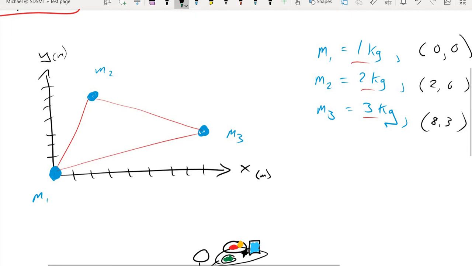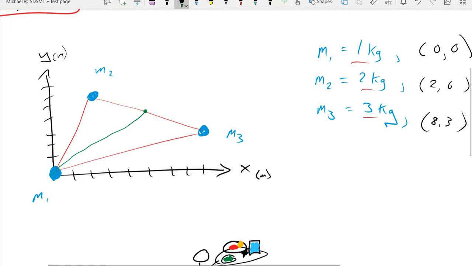Let's take mass 1 and let's bisect this triangle. So we'll draw a line that goes to the midpoint of the line that connects masses 2 and 3. And let's just ask ourselves, what side of that line should we expect the center of mass to be on?